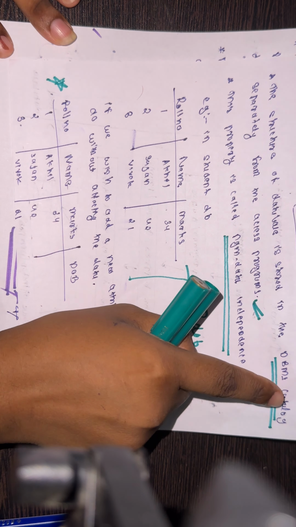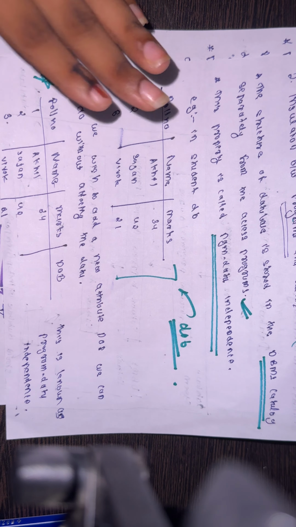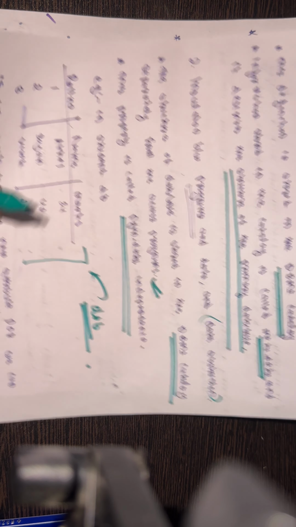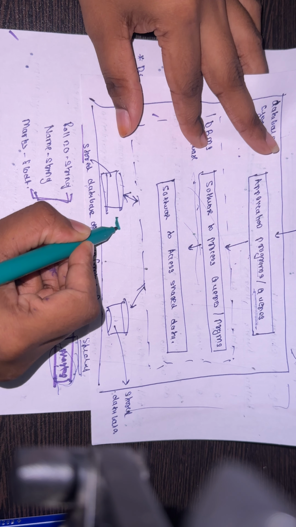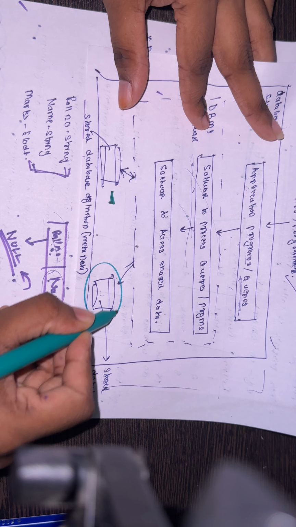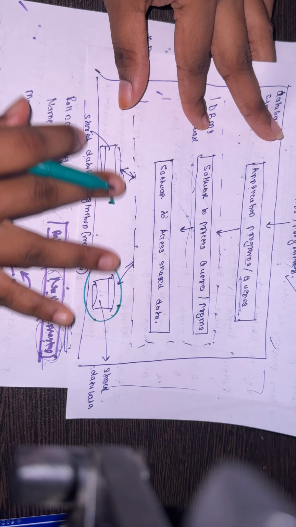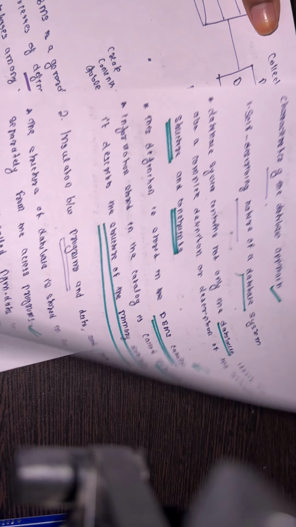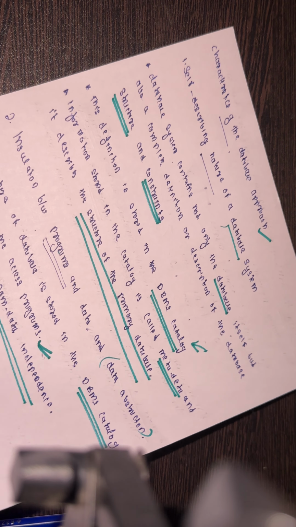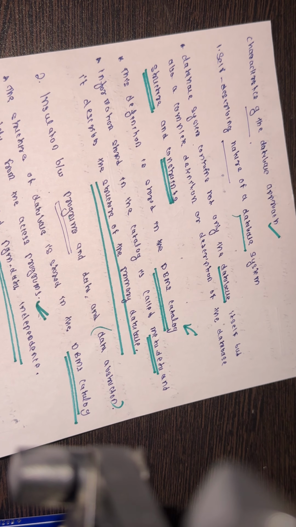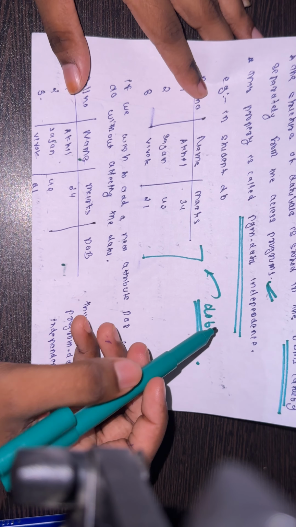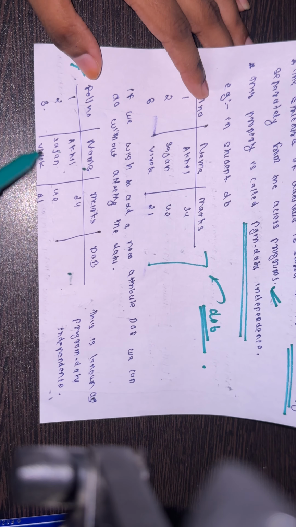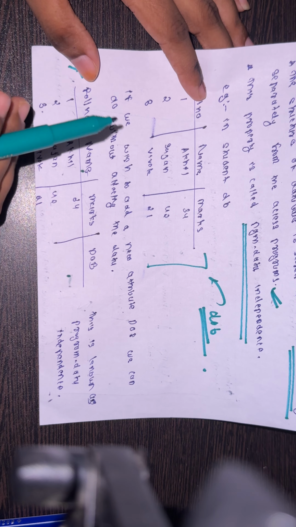The DBMS catalog is separate. This is where the metadata is stored, and here the shared database is stored. Both of them are stored separately. So it is clear that if I am adding a date of birth, it does not change the access programs.